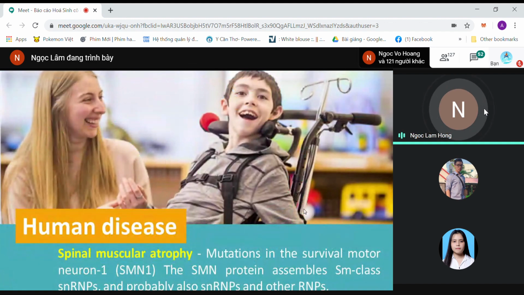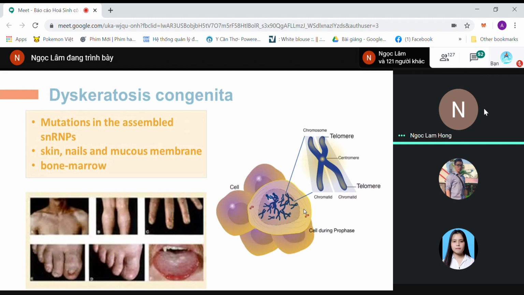Okay, about human disease. The consequences of spinal muscular atrophy are muscle weakness and poor muscle tone, and the cause is mutations in survival motor neuron 1. Dyskeratosis congenita is caused by mutations in the assembly of snRNAs. This disease will express in skin, nails, and mucous membranes.